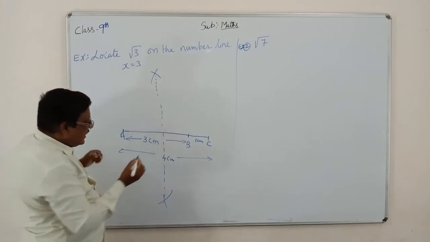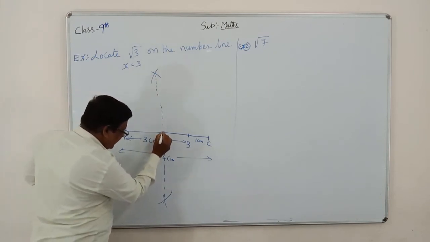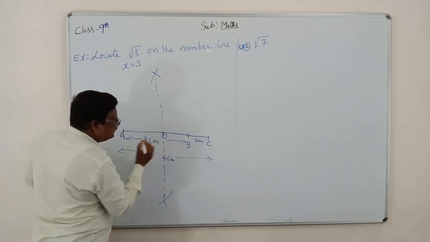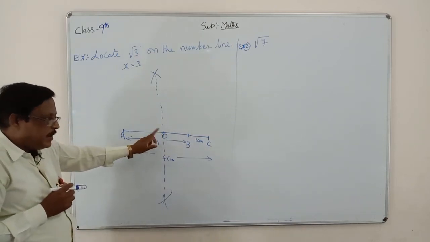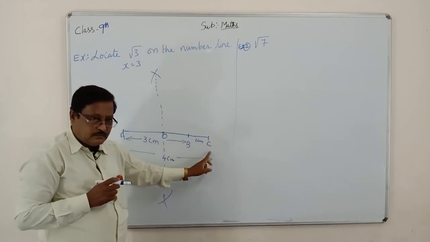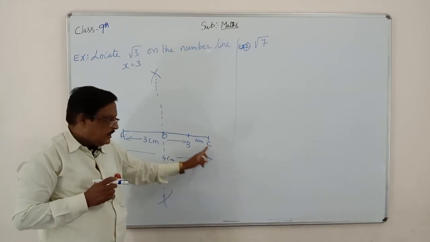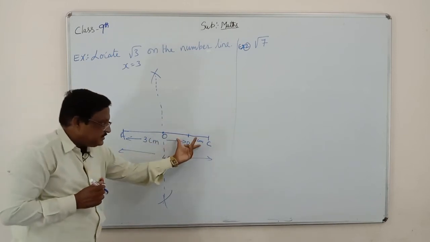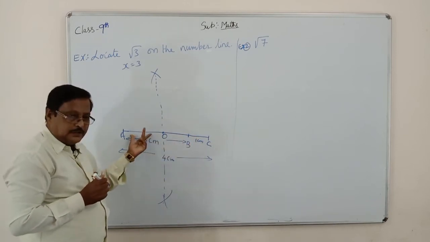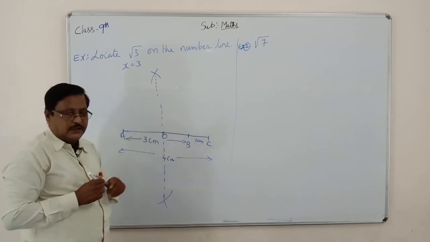Where the dotted line intersects AC, this is O. This is the midpoint of AC. When you get the midpoint of AC, OC is equal to OA, which means these two sections are equal.